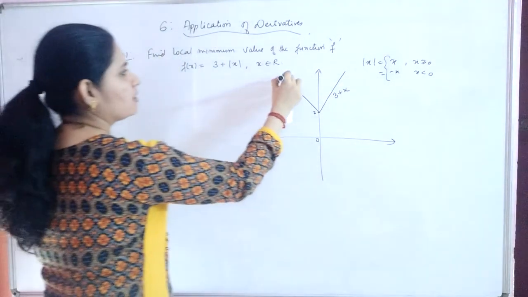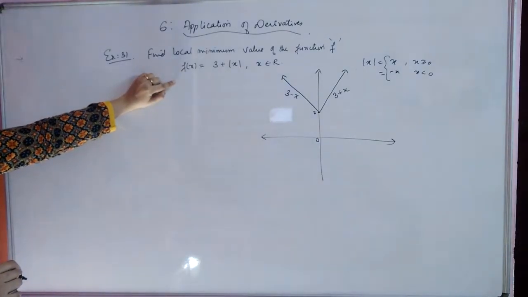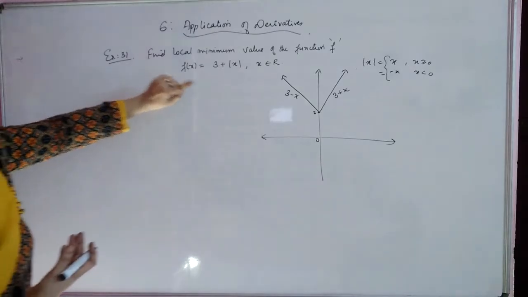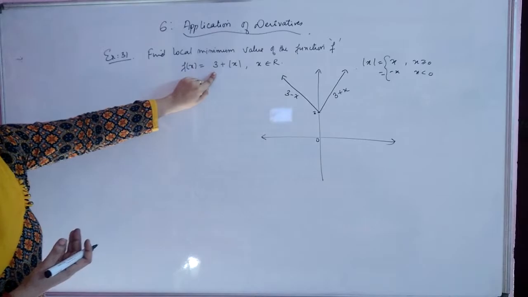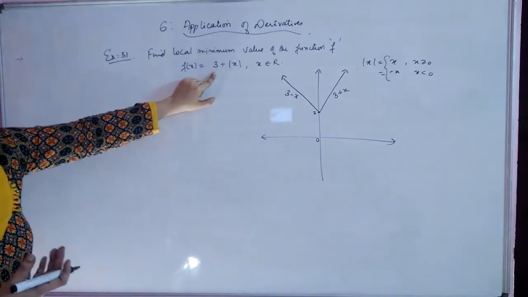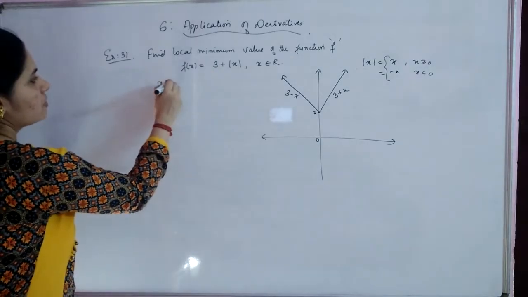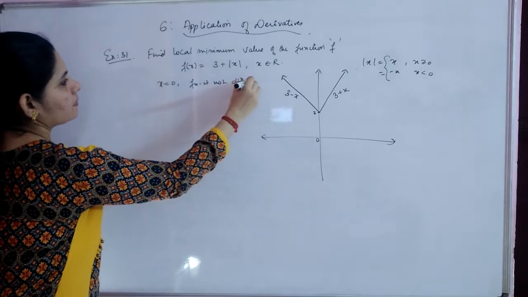Okay, like this will be the function. Now we first look at the way which we know, that mod x is not differentiable at x equals 0. As such, this is also not differentiable at x equal to 0. Okay, at x equal to 0, the function is not differentiable.